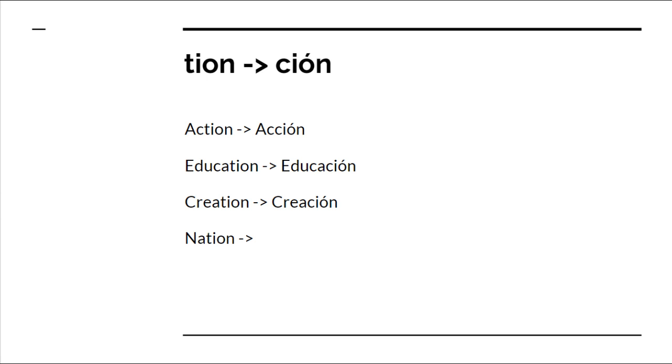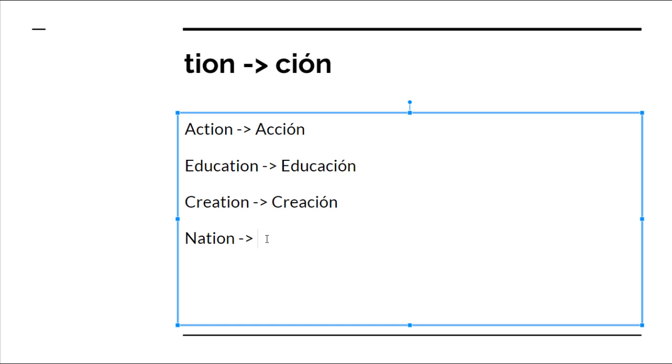Now I will challenge you to figure out how you would say nation in Spanish. It follows exactly the same rule. How would you say nation in Spanish? The way that you would say nation in Spanish is actually nación.